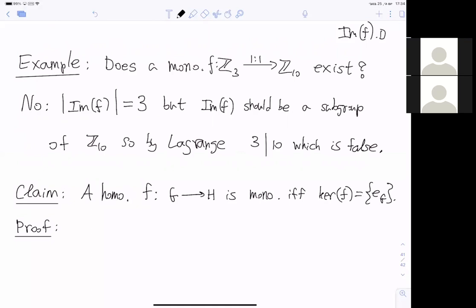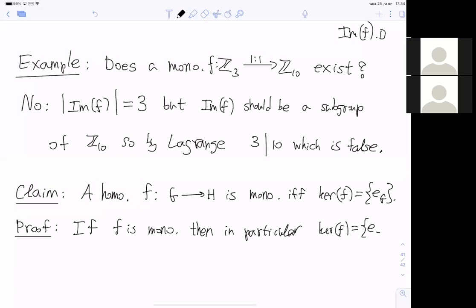Okay, proof. What is the proof? So one direction is trivial. Of course, if f is mono, then in particular the kernel of f must be only one element, and we have seen that e_G goes to e_H.